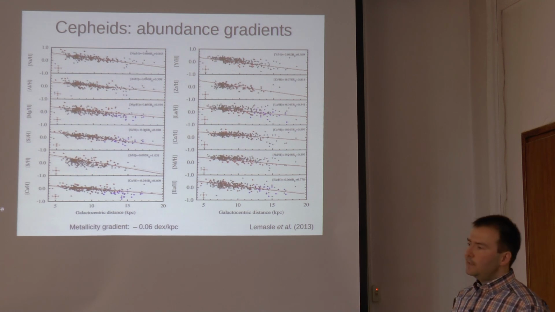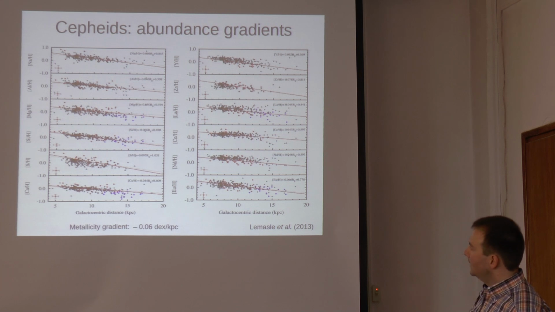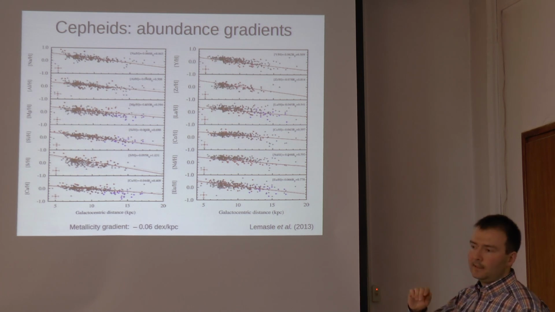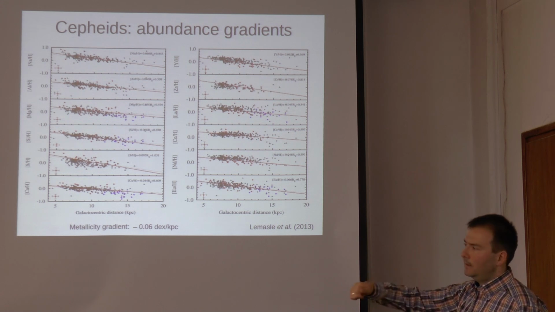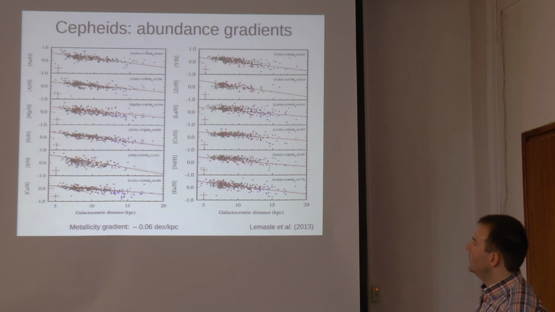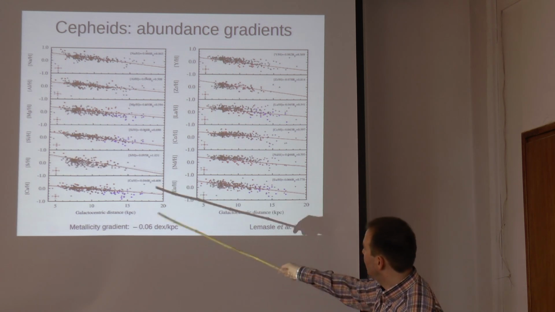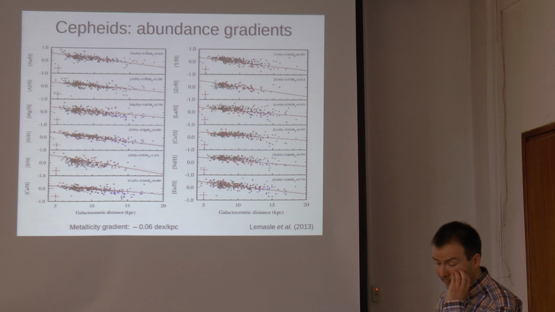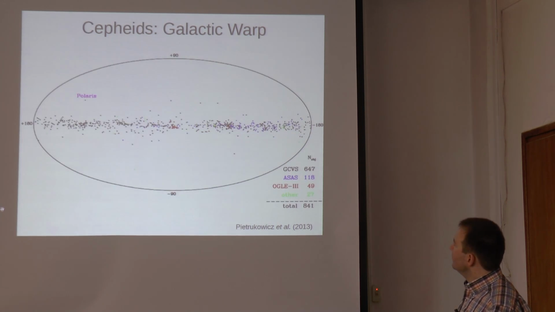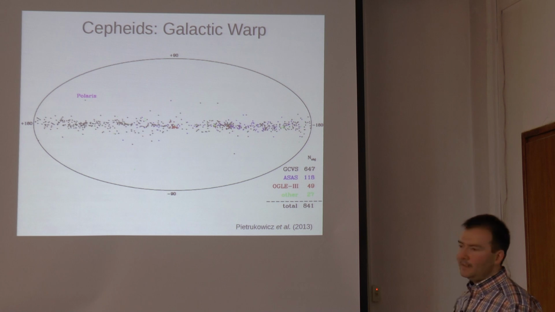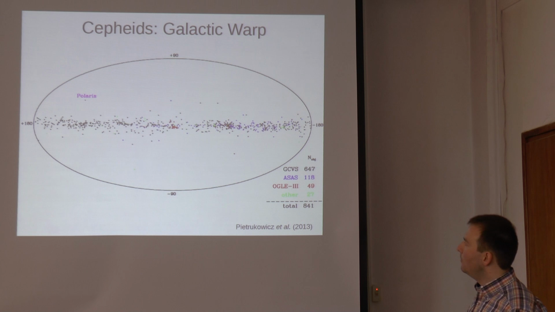Another thing we can estimate from Cepheids is the metallicity gradient. In the galactic disk, further from the center, the stars are less abundant in metals, so you can see the decrease. And the galactic warp is another strange thing we have in our Milky Way.